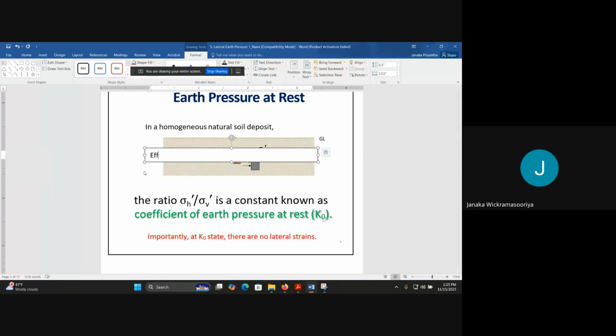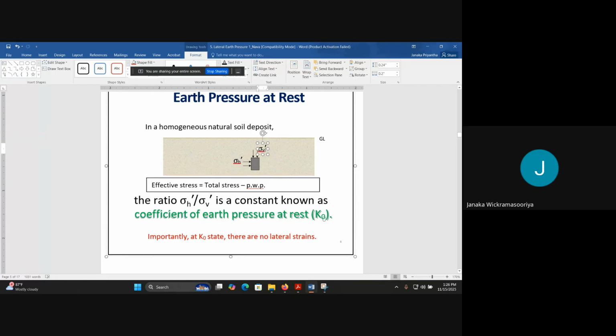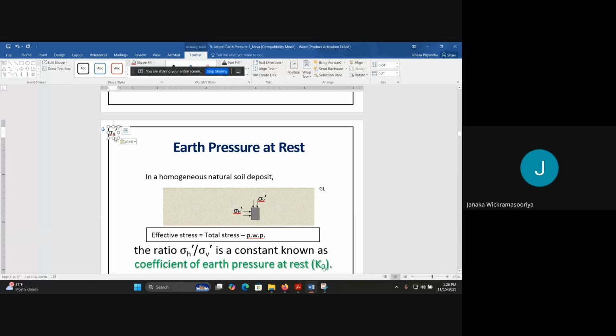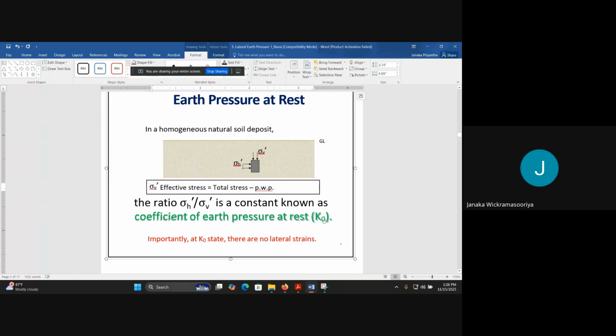The effective stress equals total stress minus pore water pressure, right? This is an effective stress. So how can you find this effective vertical stress? It is the total stress at this particular point minus the pore water pressure.